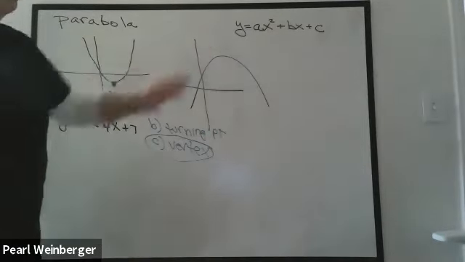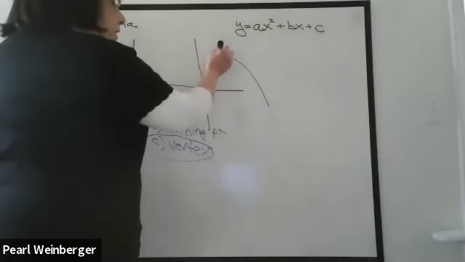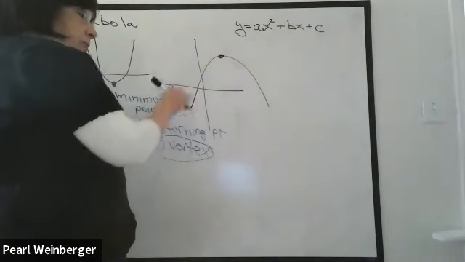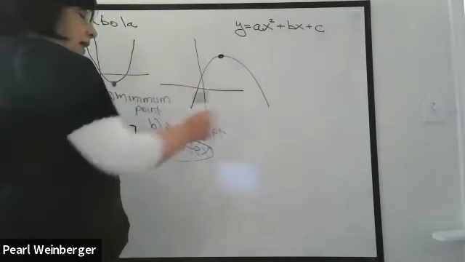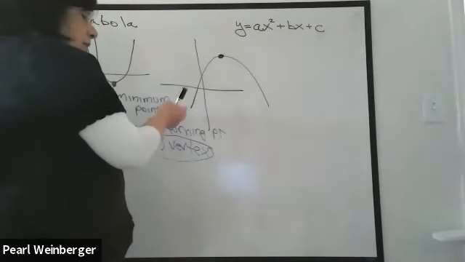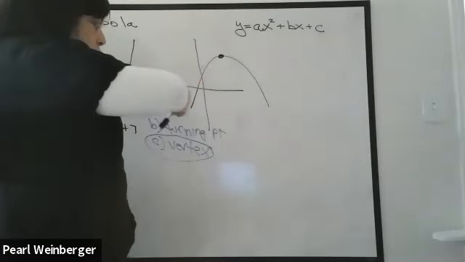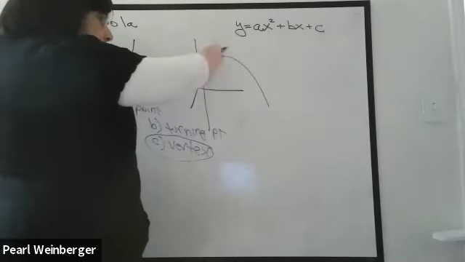Notice this also has a vertex, the point where it turns around. Since this is opening down, you're starting low and going up, up, up, up, up, up, up. We're always talking as you go from left to right until you get to this point, and then you're going down.